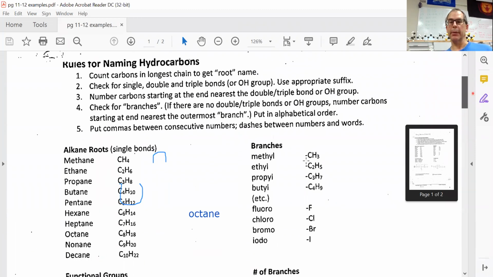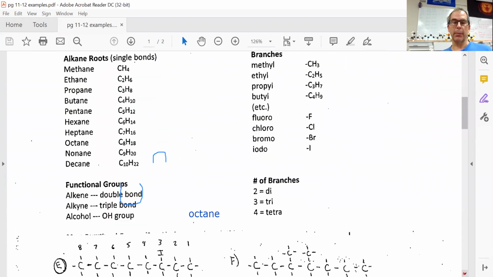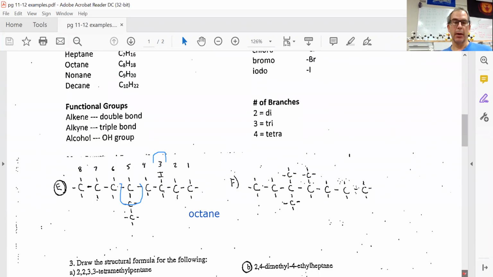And these are the names of some branches. Okay, 2 carbons in a row off as a branch is an ethyl group. Or a C2H5 would be an ethyl group. And then the I would be iodo, from the base root iodine. So that's what I'm going to be using in my naming here.